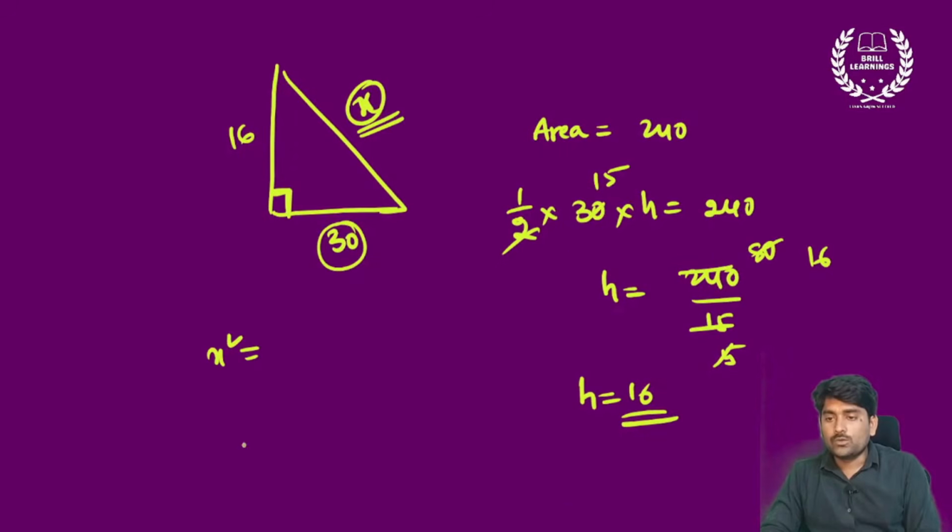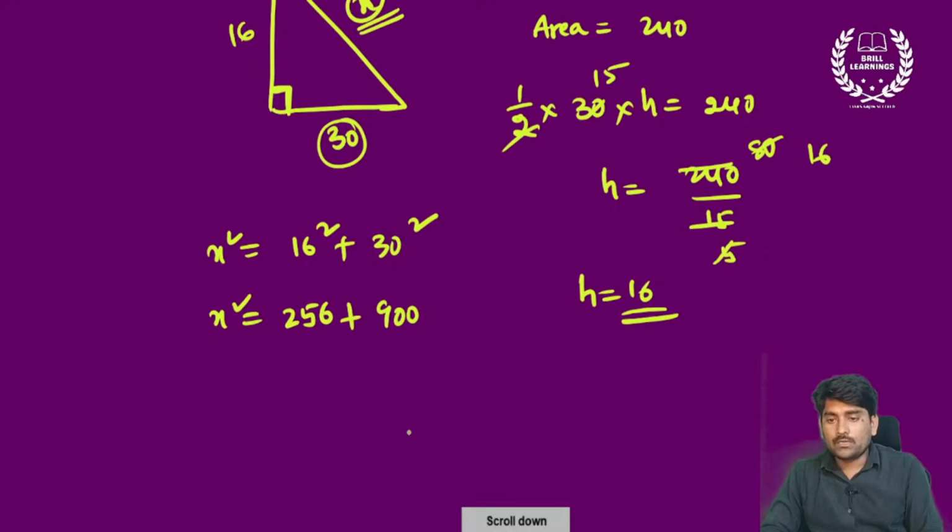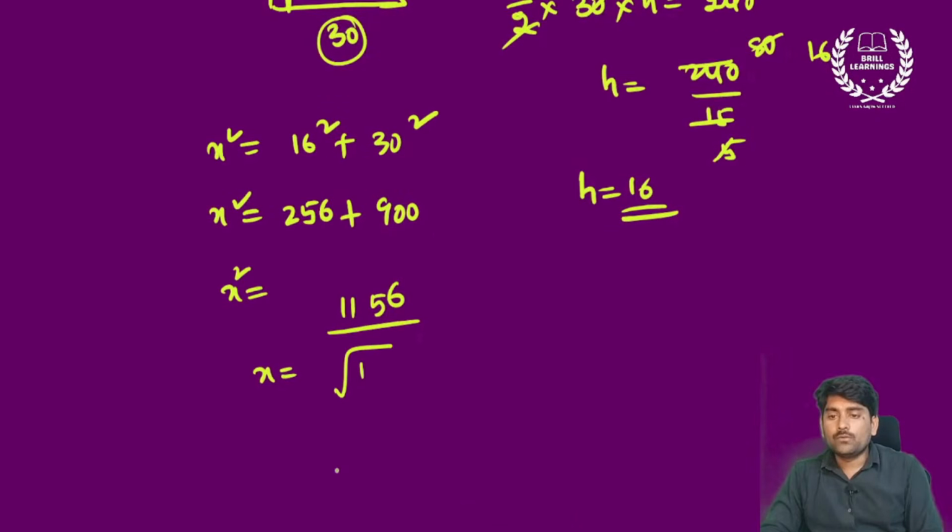Also x square is equal to the sum of the squares of the other two sides here. So x square is equal to 256 plus 900. So x square is 1156. X equal to under root of 1156, which is equal to 34 square, I think.